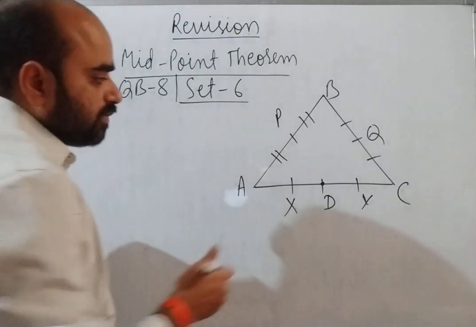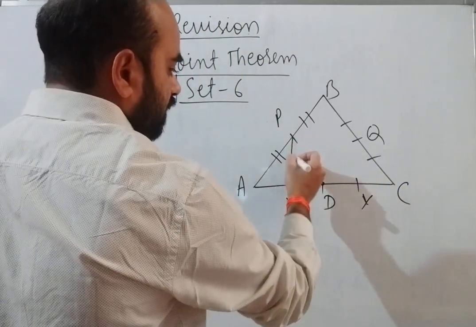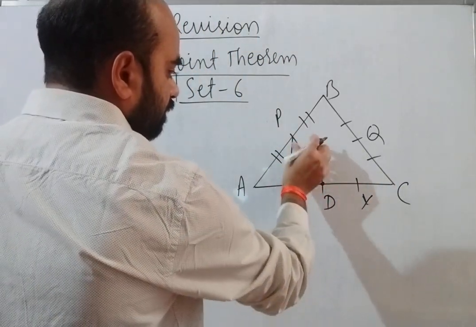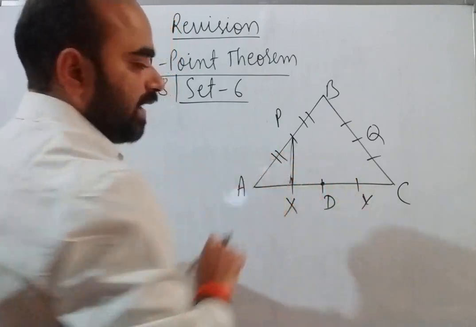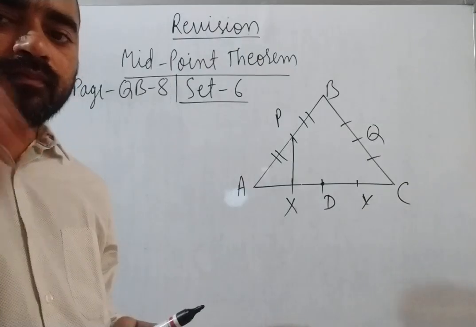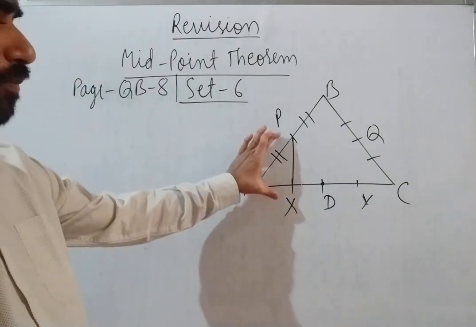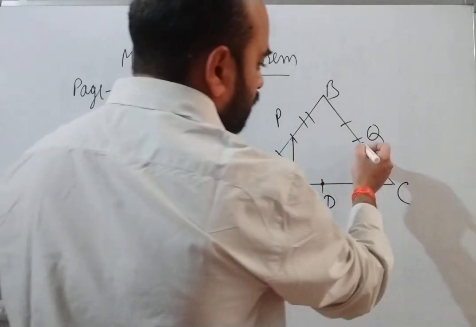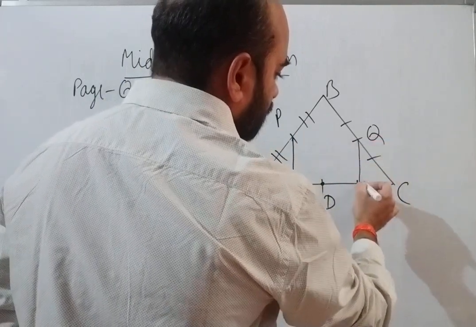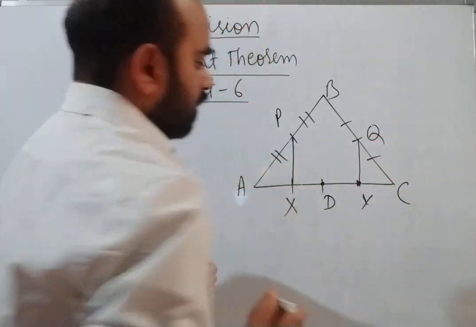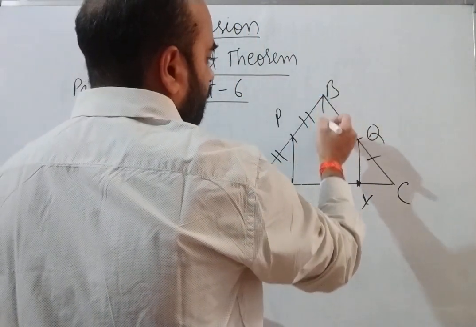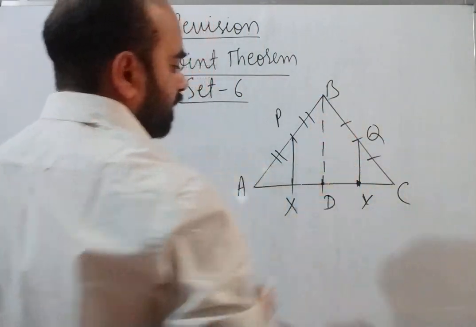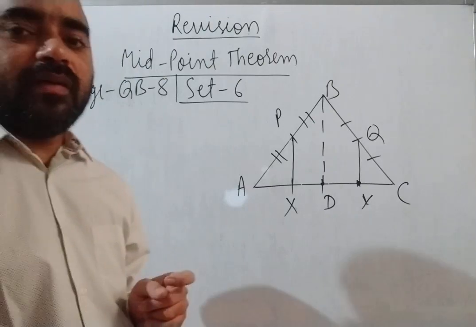So PX means we have to join this PX and QY. So we have to show that PX is equal to QY. So for this we will join BD so that we can apply midpoint theorem.